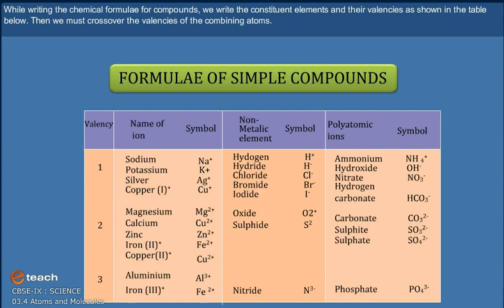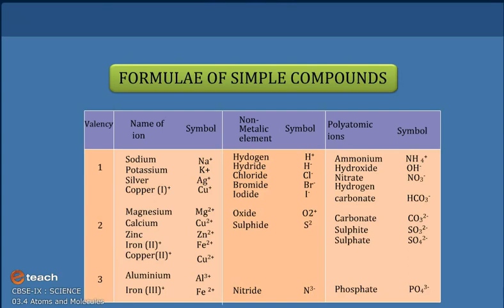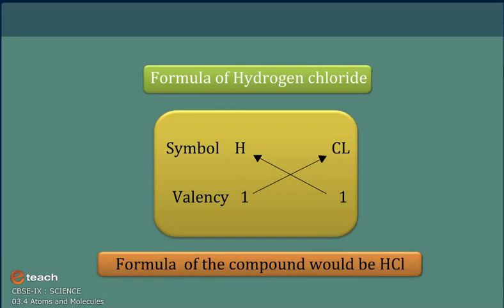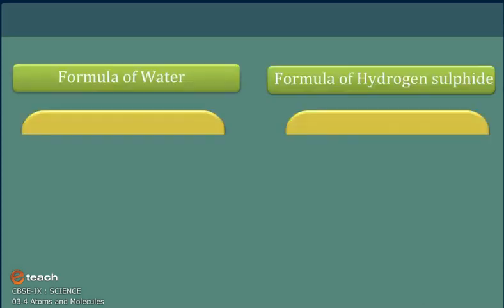Then we must cross over the valencies of the combining atoms. Let all the examples appear on screen directly. Examples: 1. Formula of hydrogen chloride. The formula of the compound would be HCl. 2. Formula of hydrogen sulfide.